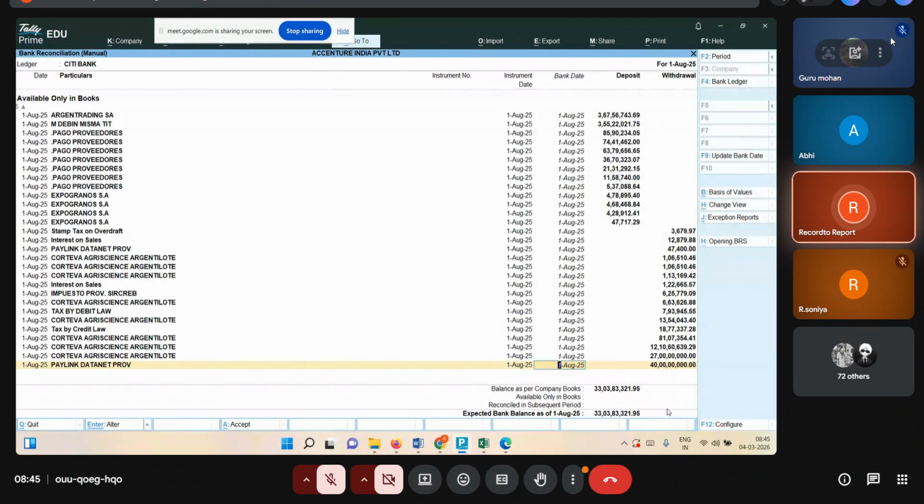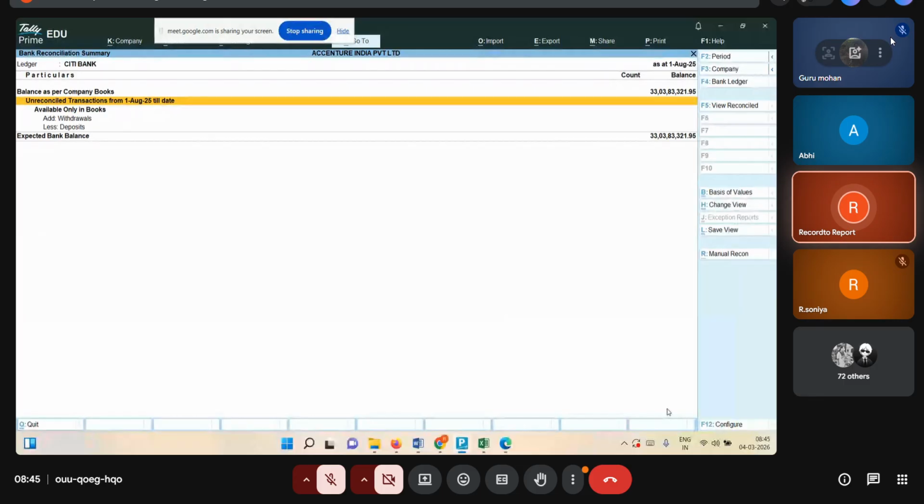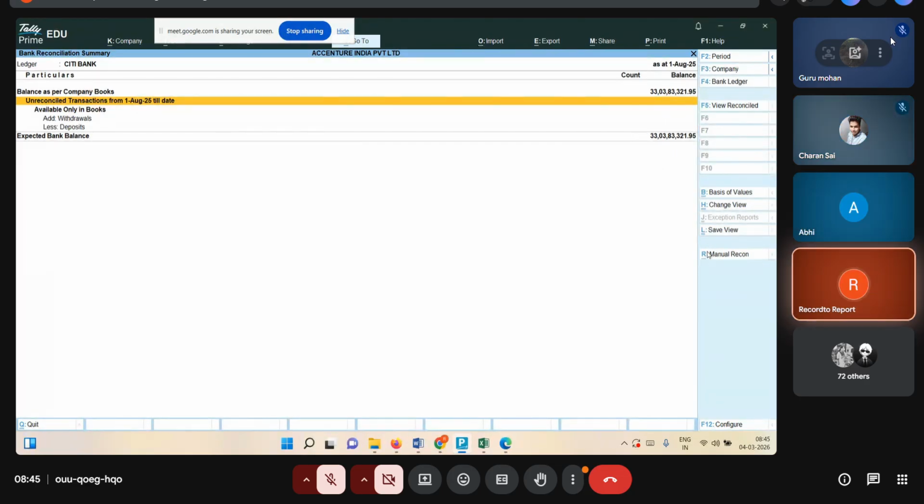Guys, see, if I update this, the transaction will go to the matched status. Do we have any transactions pending without matching? No, both are matching.